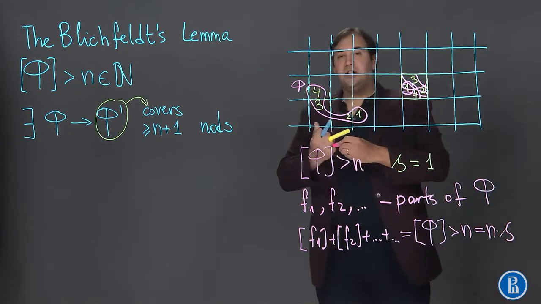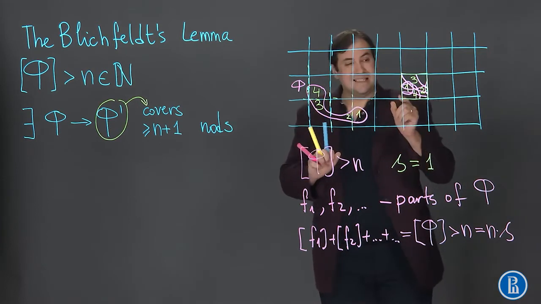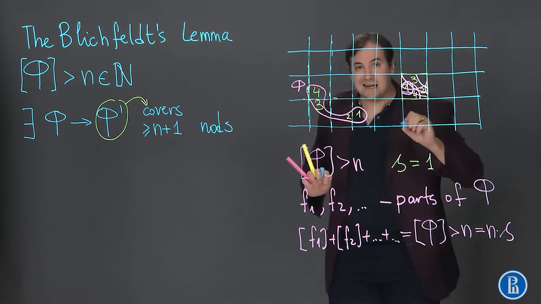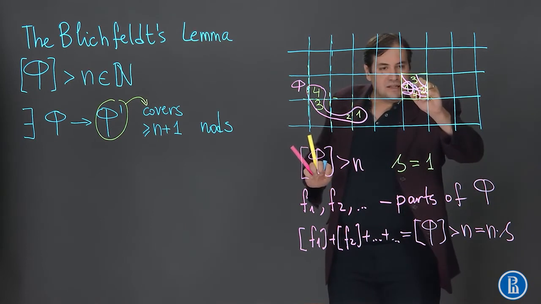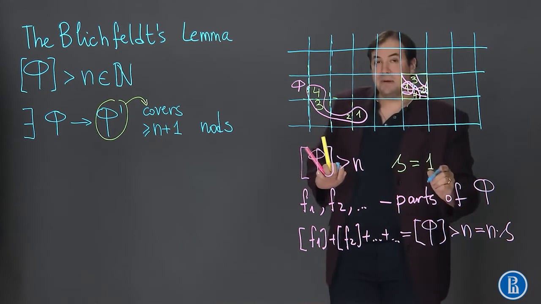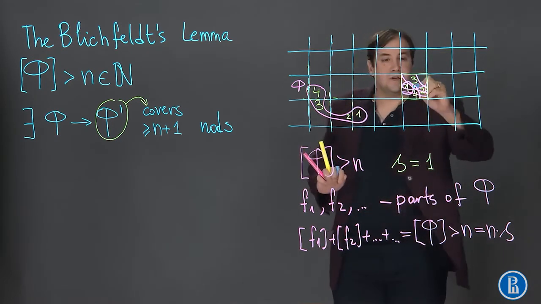So from the geometric pigeonhole principle, it follows that there exists a point in this square, somewhere inside it, which is covered by at least n plus 1 pieces or parts of figure phi.